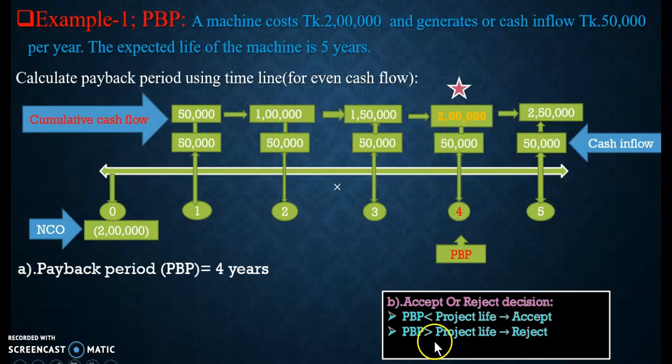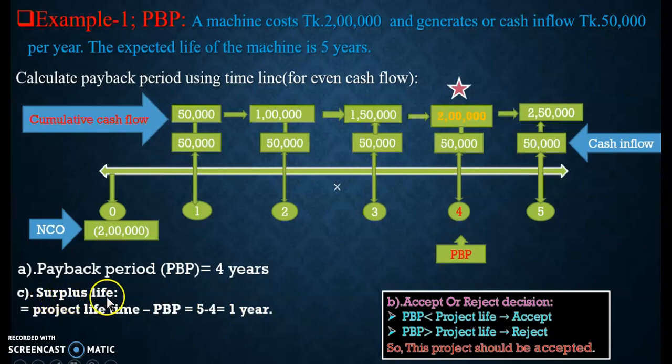Another, PBP greater than project life, the project will be rejected. Here we can see that PBP is 4 years and project life is 5 years. That means PBP is less than project life, so accept. So this project should be accepted.